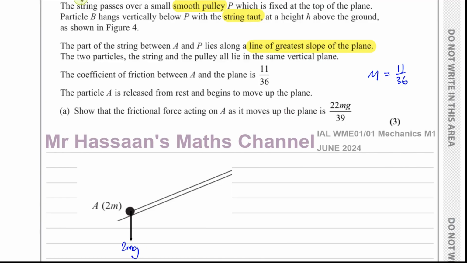You're going to have the tension in the string, which is pulling up the plane. So that's T. And you also have the reaction force.